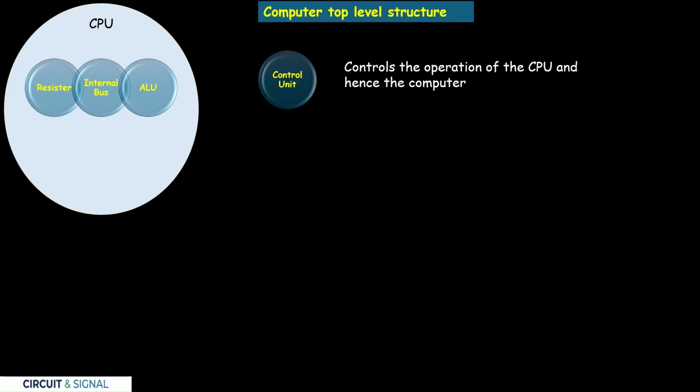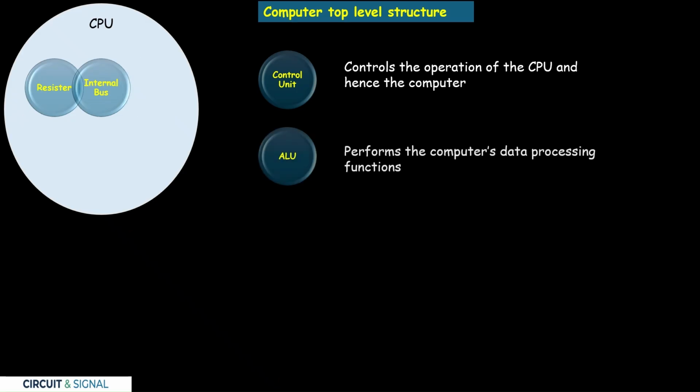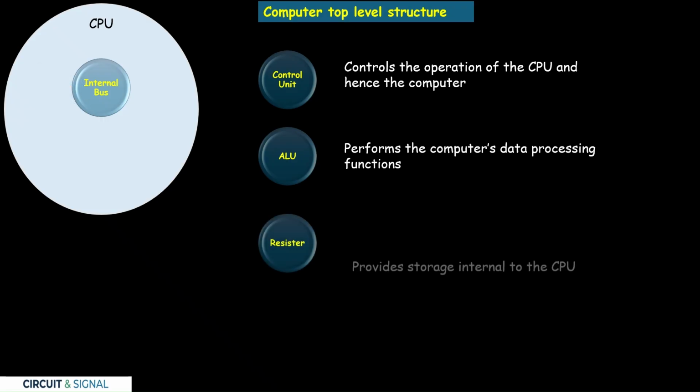Now what is ALU? ALU is the arithmetic logical unit that performs the computer's data processing function. What is register? Register provides storage internal to the CPU, and these three are connected through the internal bus.